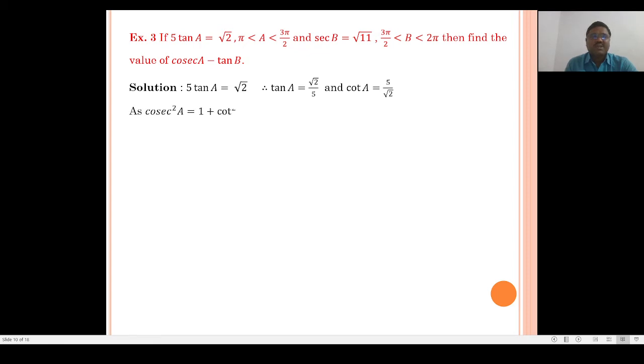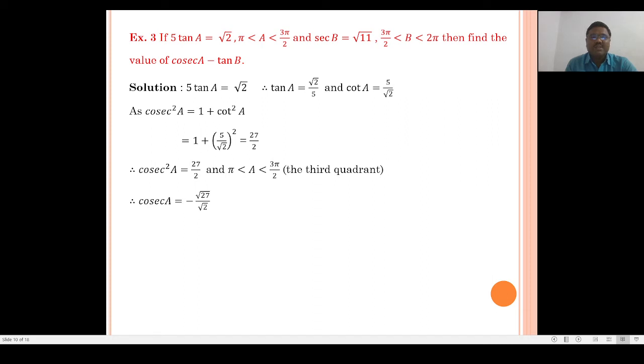As cosec square A equals 1 plus cot square A, we get 1 plus (5 upon root 2) squared, which equals 27 upon 2. So cosec square A equals 27 upon 2, and angle A lies between pi and 3 pi by 2, which means it is in the third quadrant. In the third quadrant the cosec ratio is negative, so cosec A equals minus root 27 upon root 2.